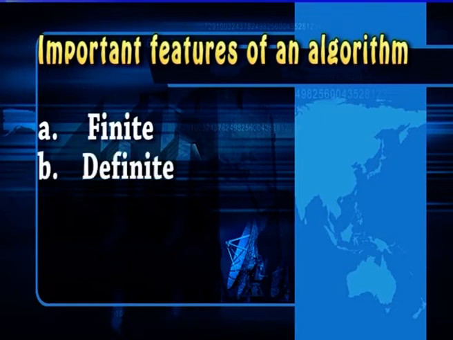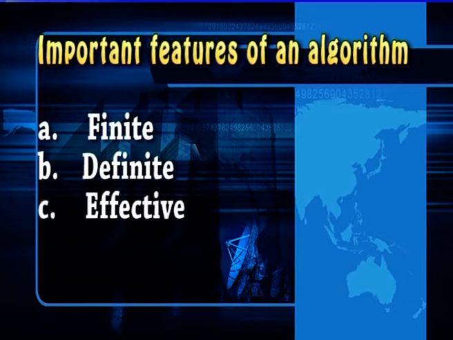That is, each step of the algorithm is precisely defined. That is, the action to be carried out should be specified unambiguously. Third, an algorithm should be effective. All the operations used in the algorithm are basic, like division, multiplication, comparison, etc., and can be performed exactly in a fixed duration of time.